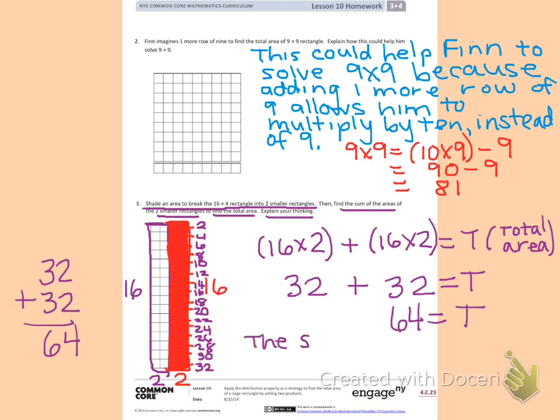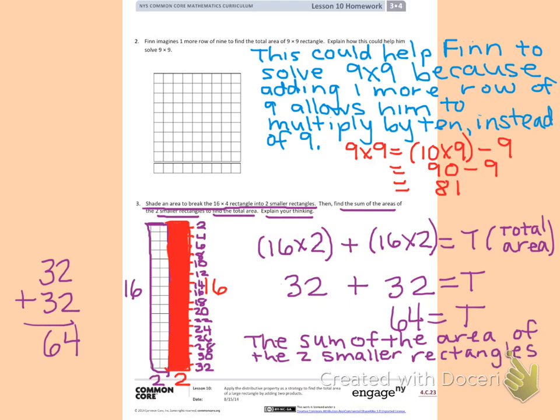The sum of the area of the two smaller rectangles added together is 64 for the large rectangle.